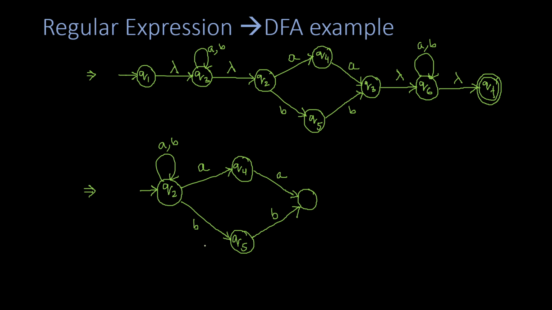So that means this Q3 in some situations can be an intermediate state or can be a final state also. There is a possibility that Q3 is going to be the final state, because without consuming any symbol we can reach the final state. That means reaching Q3 and reaching the final state is the same. So this Q3 can act as a final state also.